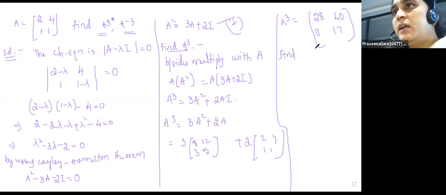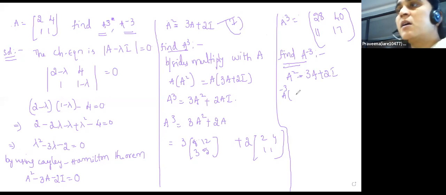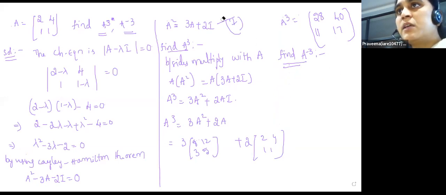Find A power minus 3. For that, from the first equation, A square is equal to 3A plus 2I, right? From that, both sides multiply with A power minus 3. Or else, wait, directly I am taking this one.